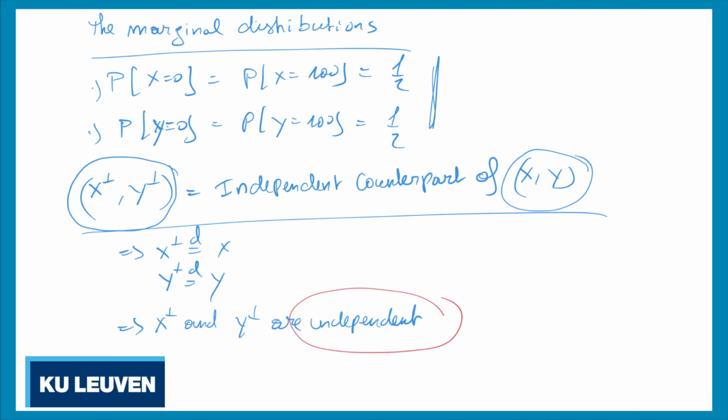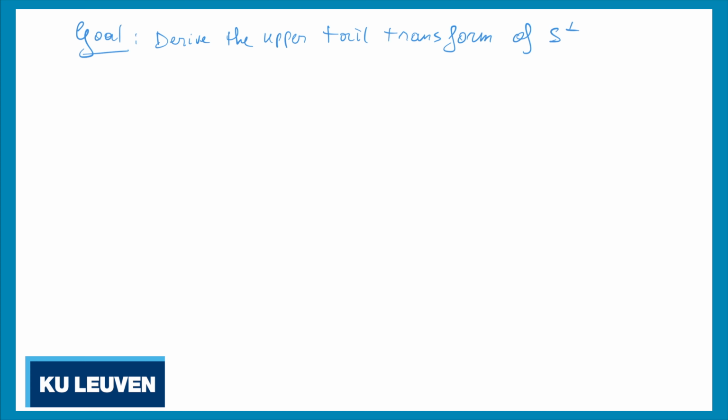Because now we determined the marginal distributions and we determined the copula, the dependence structure, now we can derive the exact distribution of our random variable S. So now our goal is to derive the upper tail transform of the sum X independent plus Y independent, which we denote by S independent.